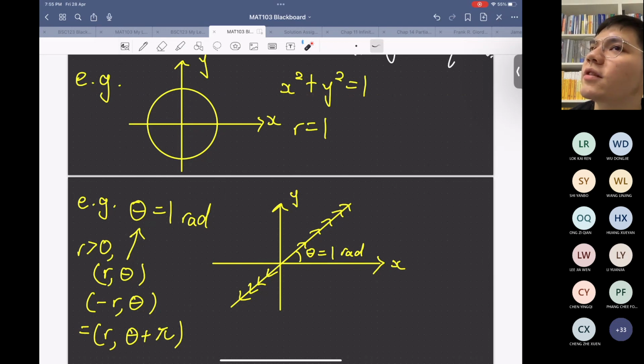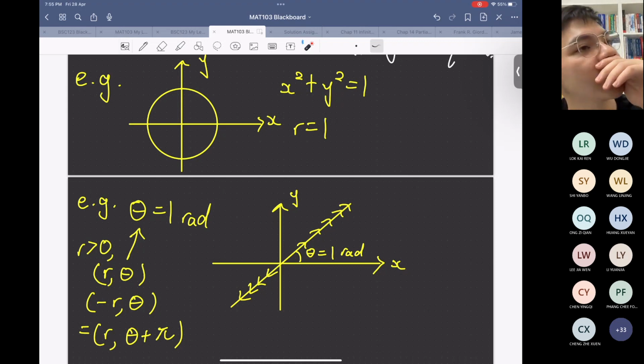Pi r squared times h. Yeah, I think you can. I'm not sure it is just linear, because it's pi r squared. I'm not sure you can straight away integrate r squared or not.